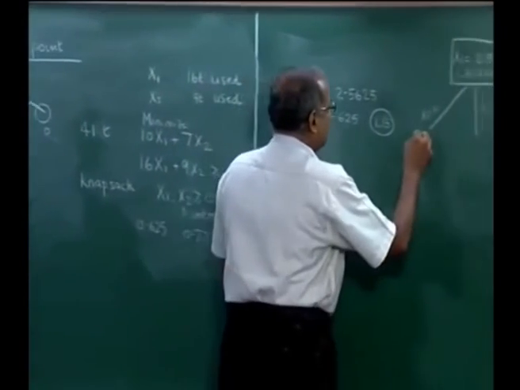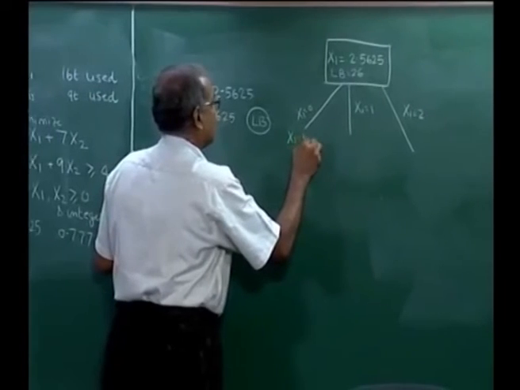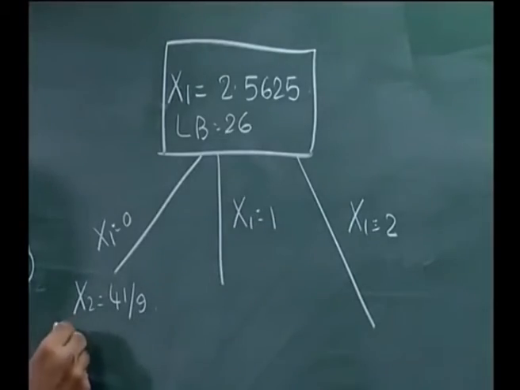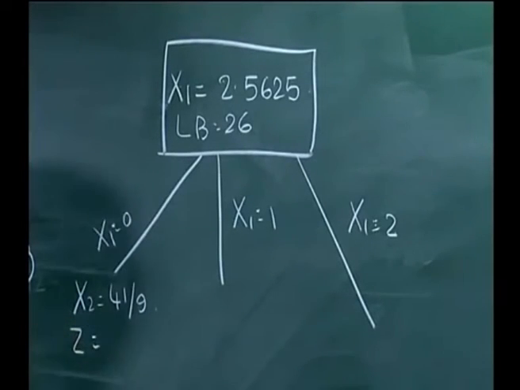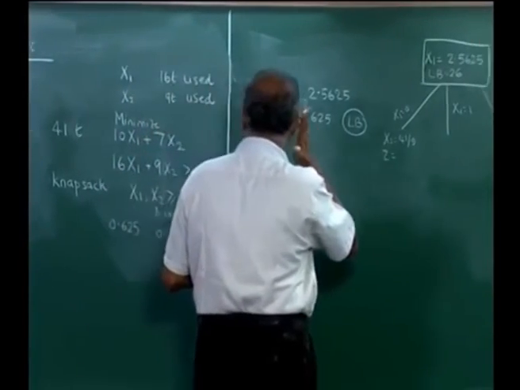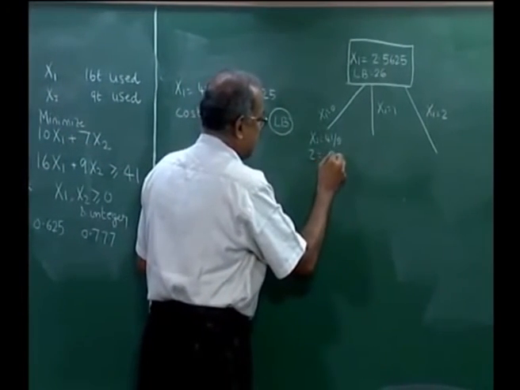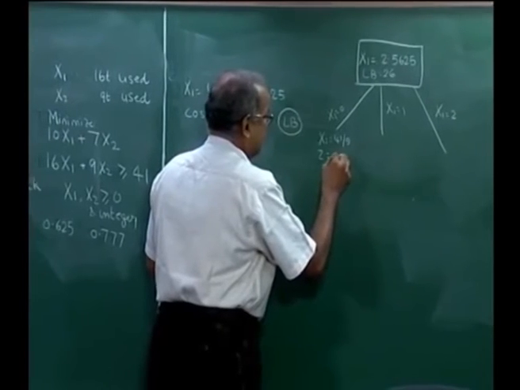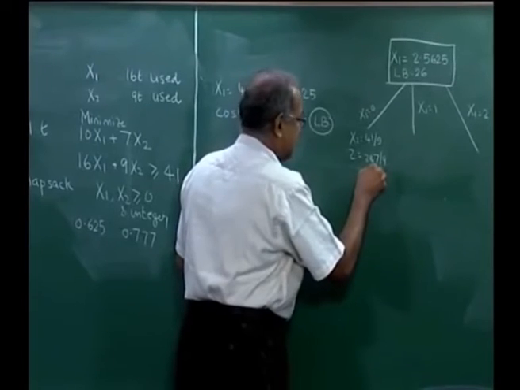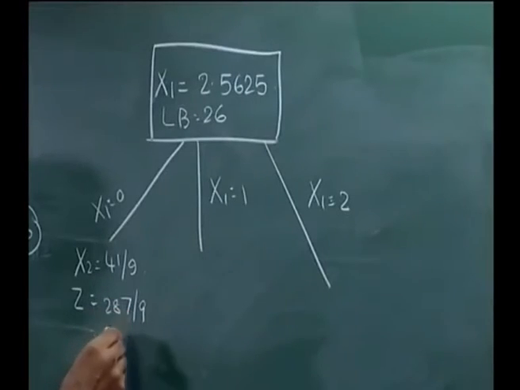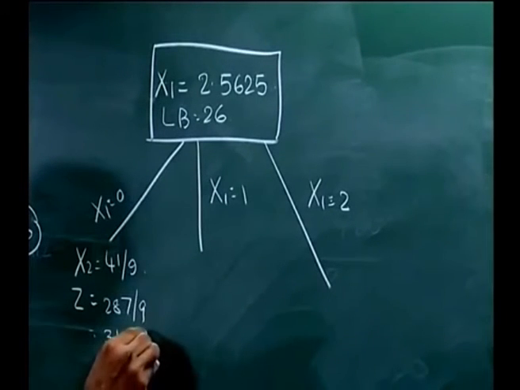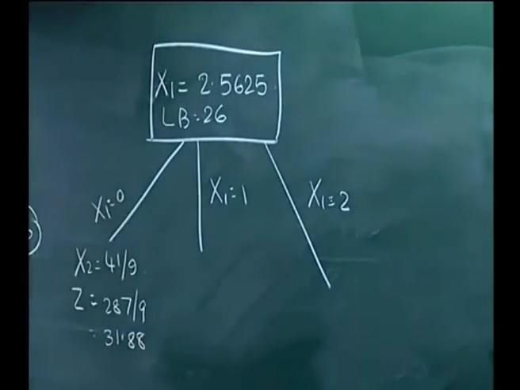So x2 will be 41 by 9 and the objective function value z will be 41 by 9 into 7, so 41 into 7 by 9, 287 by 9, which is 31.88.